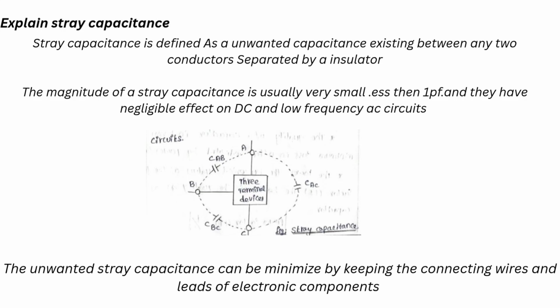Here there is a small diagram to understand stray capacitance clearly. To reduce stray capacitance, there are methods like careful arrangement of connecting wires and leads of electronic components. By using these methods, we can control the stray capacitance.